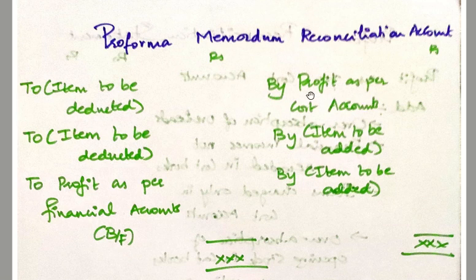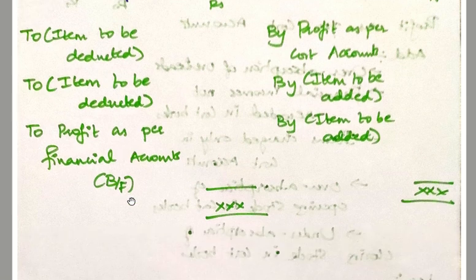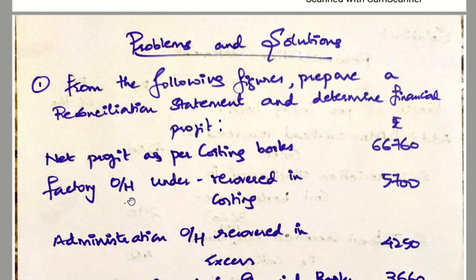Whatever we add here, we will credit in your pro forma memorandum reconciliation statement, and whatever we minus will be debited in your pro forma memorandum reconciliation statement. The resultant balancing figure you're supposed to get is profit as per financial accounts. So let us move on to our first question.